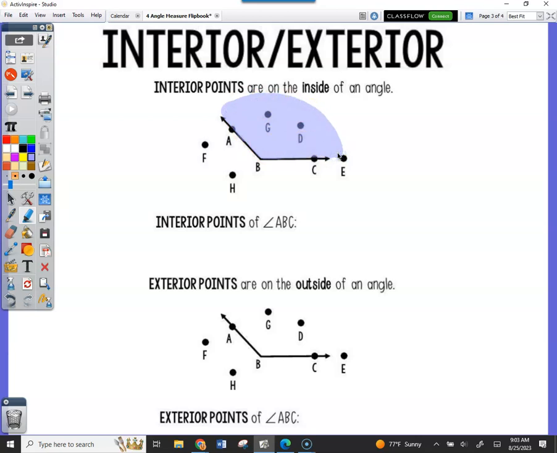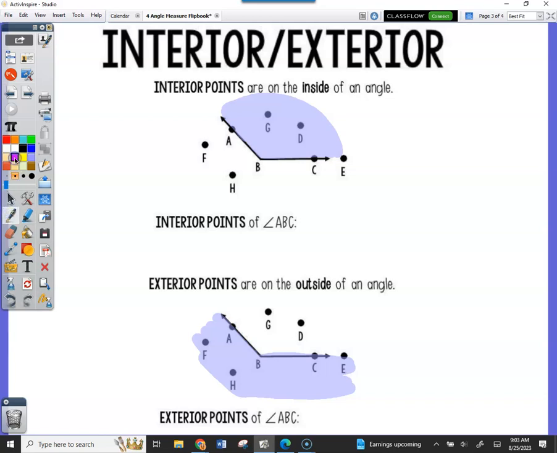Of course, this would extend on, but it would be the points between the 2 rays. The exterior would be the points behind it. Does that make sense? But I need you to understand the difference between the interior and the exterior.